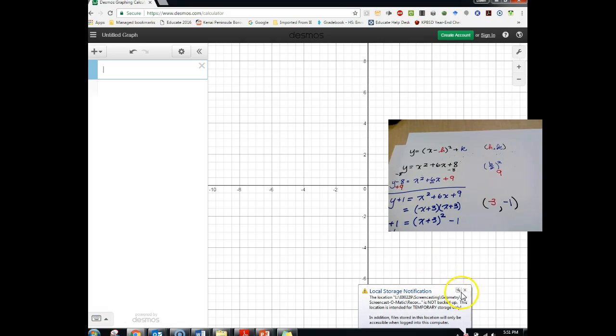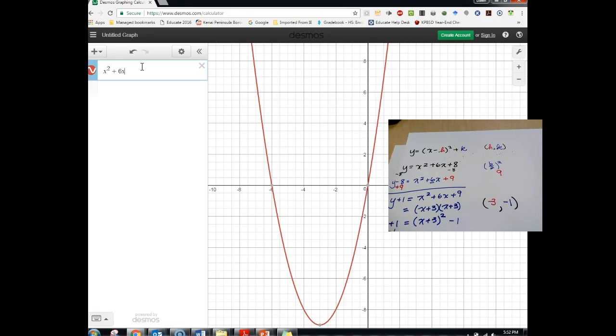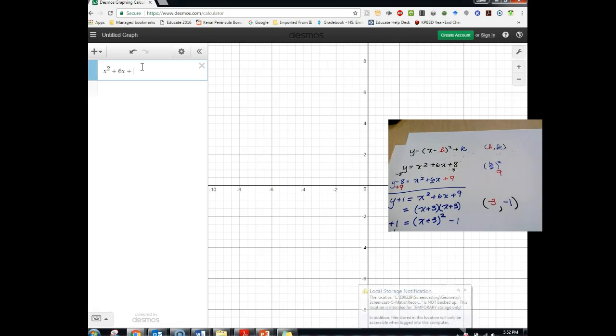So I thought you guys might enjoy a little bit of fact checking. This was the equation that we started with, y equals x squared plus 6x plus 8, and we decided that the vertex was at -3, -1. I thought we'd do a good job to double check that that's actually where it is. You can see I've added my x squared plus 6x plus 8, my original equation.